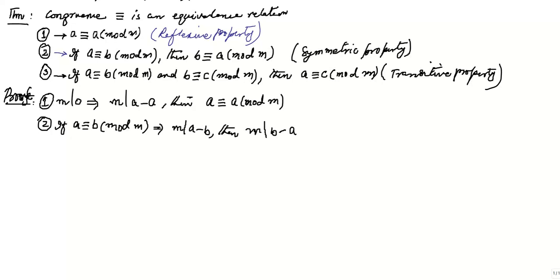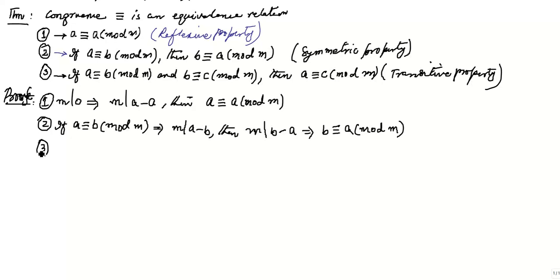Now, we apply the definition of congruence, which states B is congruent to A modulo M, which proves that if A is congruent to B modulo M, then we have B congruent to A modulo M.